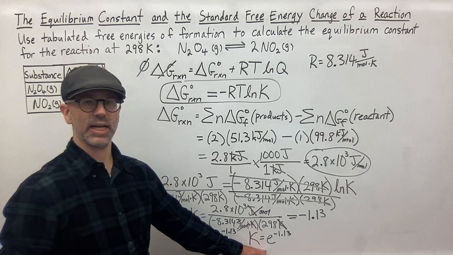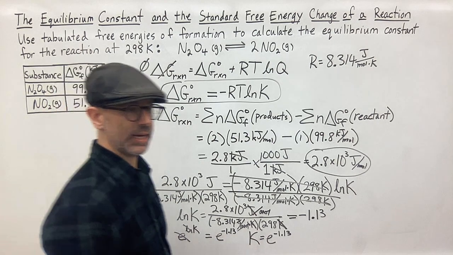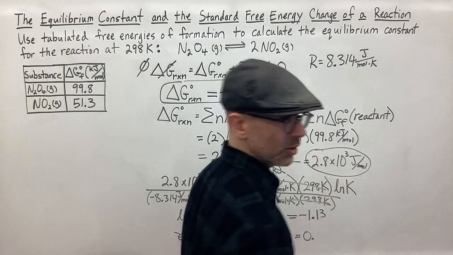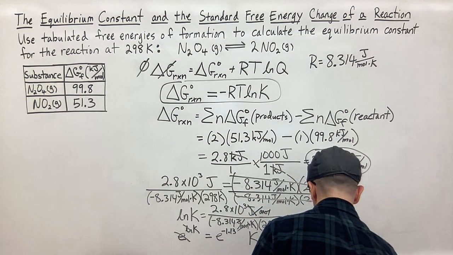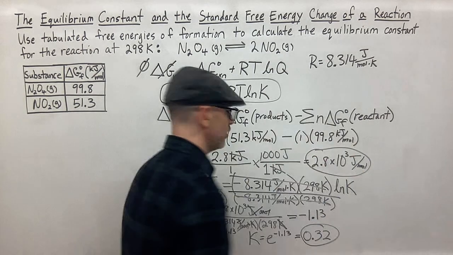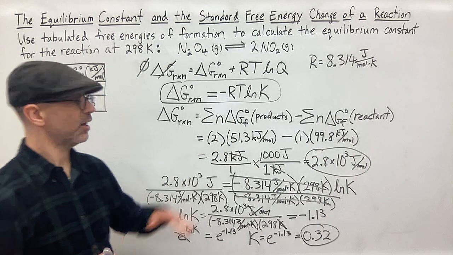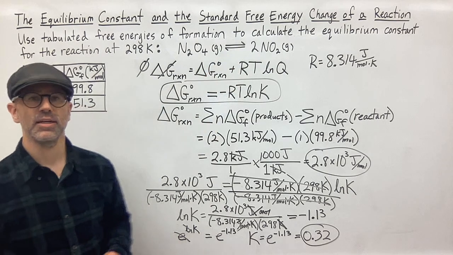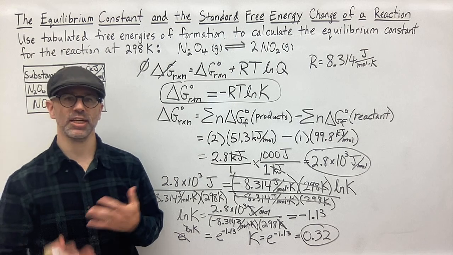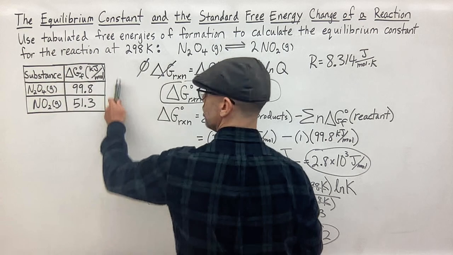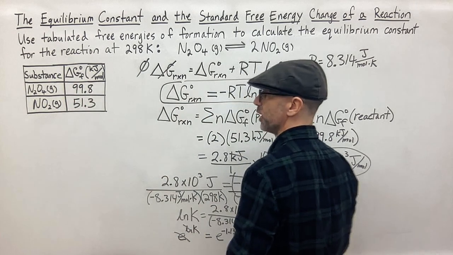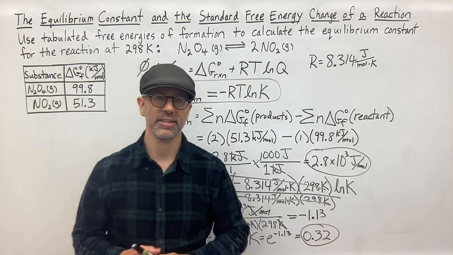And all we have to do is just calculate that out on our calculator, and we get K is equal to 0.32. So then this is the equilibrium constant for this reaction here. So that's how you can go about finding the equilibrium constant for a reaction given the tabulated data for your standard free energies of formation and temperature.